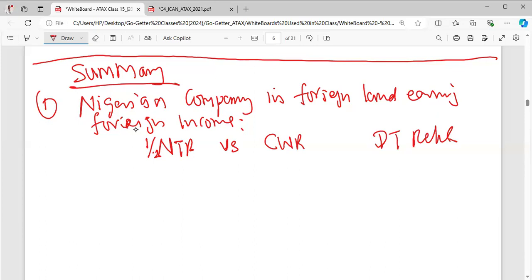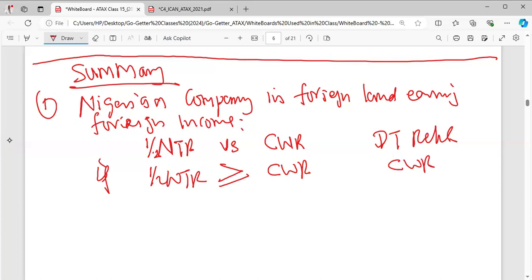Now, if half of Nigerian tax rate is lesser, is greater, let me start with greater, is greater or equal to Commonwealth rate, this will be the Commonwealth rate.